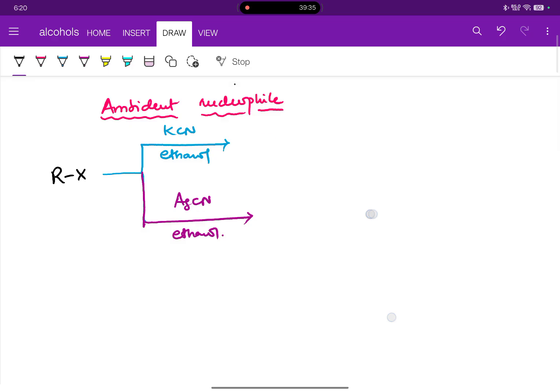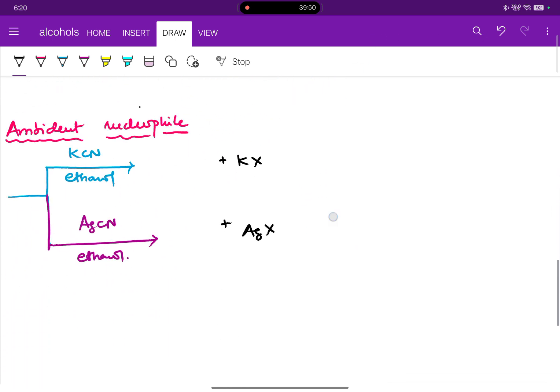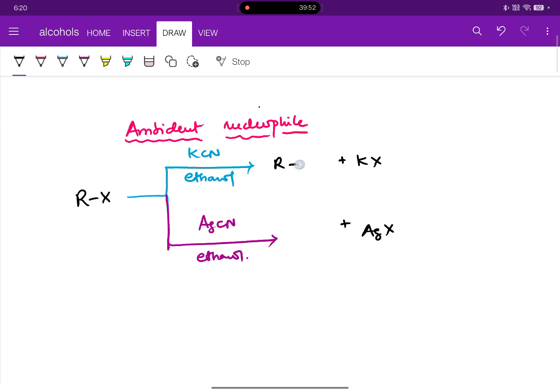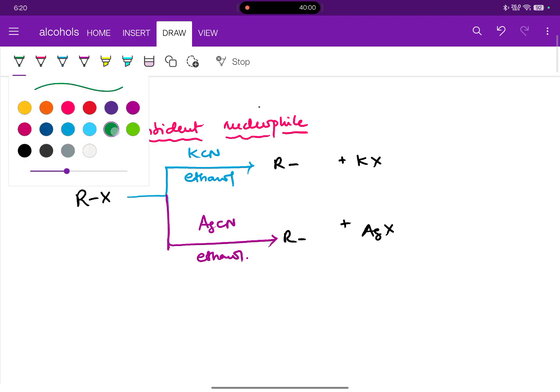Now what will happen? In both cases, X minus will be removed. In this case it will come out as KX. Here it will precipitate as AgX. We know all this. What will happen to the cyanide? Which end will attack? Compared to KCN, AgCN is less polar. What do you mean by less polar?